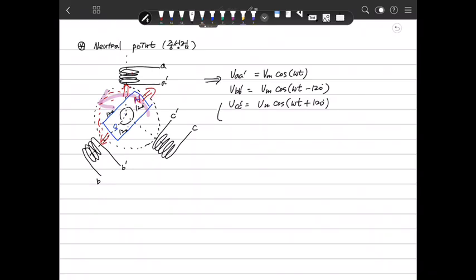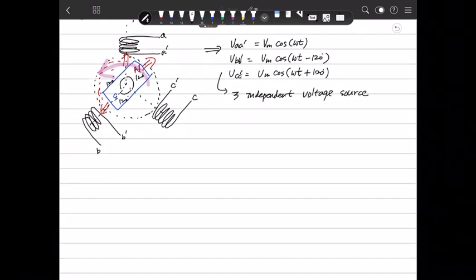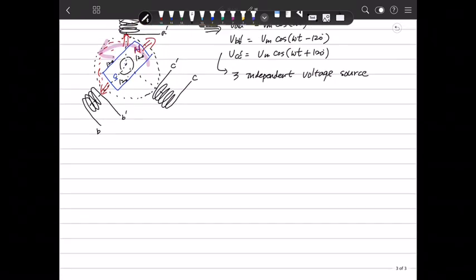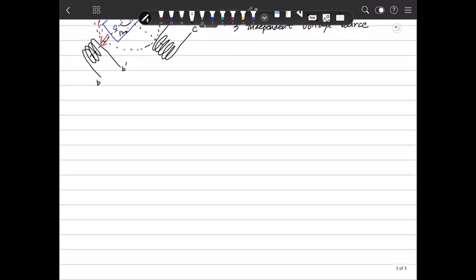Then we have three independent voltage sources. That means we have one voltage, this is A and A prime.